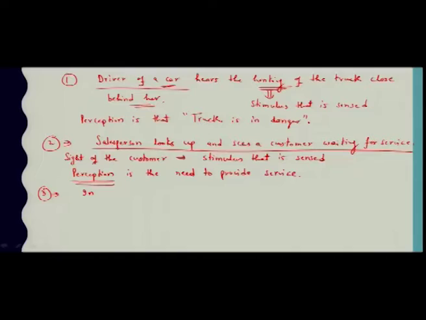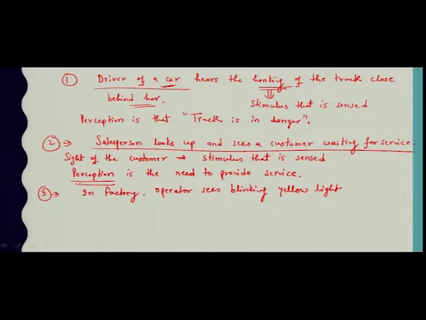So in the factory, when the operator sees the blinking yellow light suddenly switched on, this particular yellow light is indicating that the supply of raw material is exhausted.